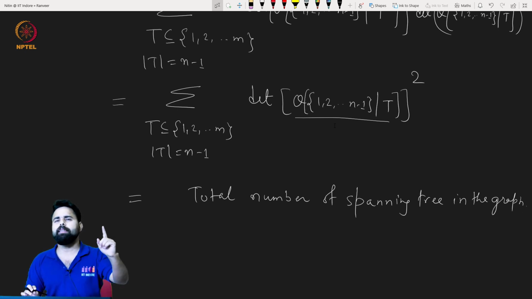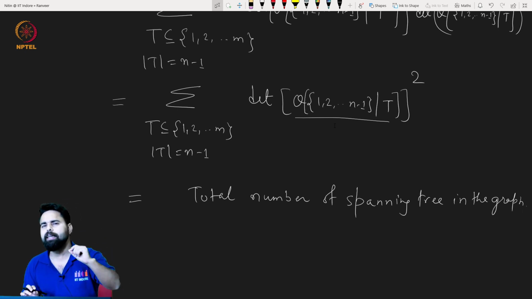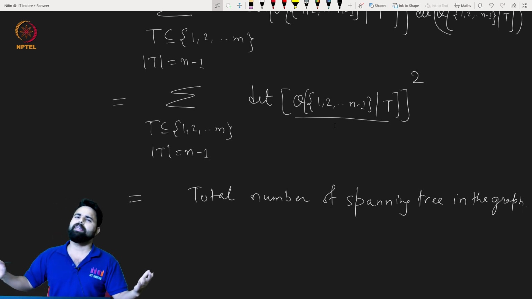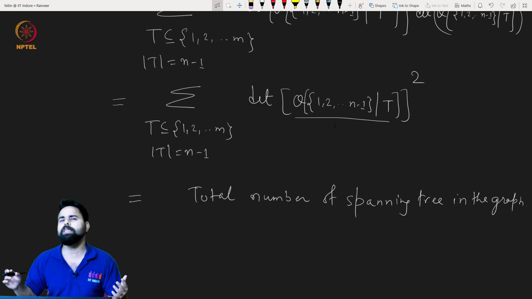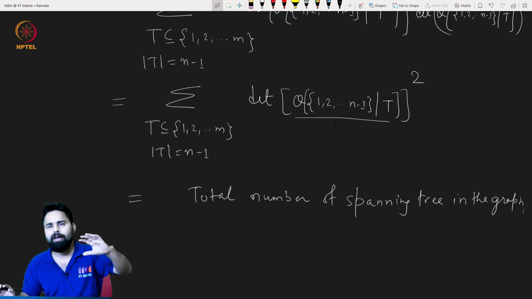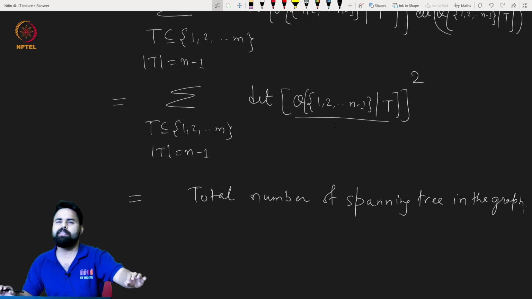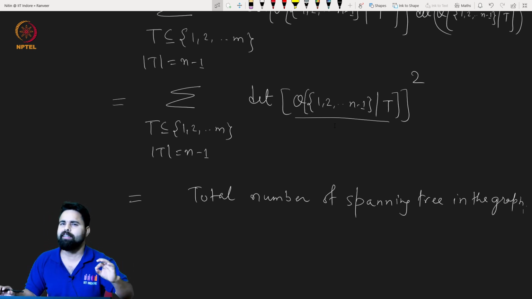Remember in the beginning, when I was stating the matrix tree theorem, I told you why the approach of choosing n minus 1 edges every time and deciding whether these n minus 1 edges form a tree or not is not an efficient approach.